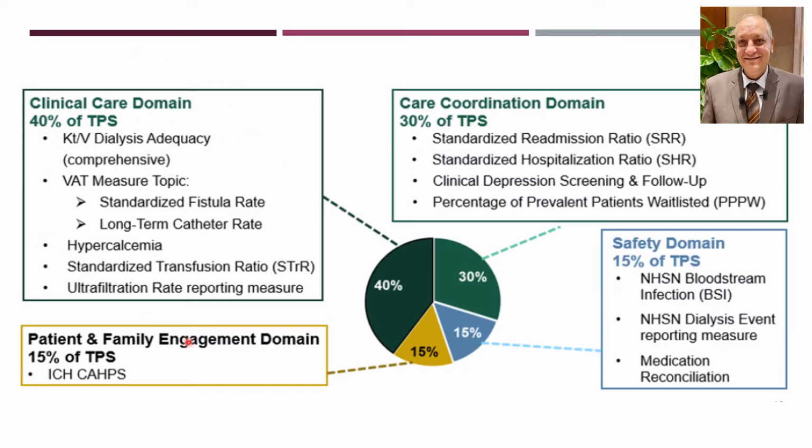It's calculated based on different domains and subdomains, like total performance score for clinical adequacy, hypercalcemia, ultrafiltration rate, as well as care coordination domains like hospitalization ratio, standard readmission ratio, clinical depression and screening, and the percentage of prevalent patients waitlisted, with a safety domain including bloodstream infection, dialysis events and complications, as well as medication.